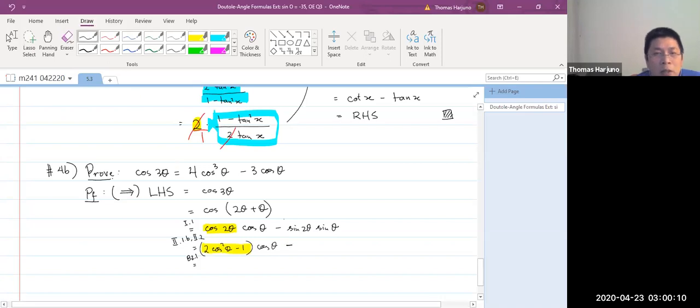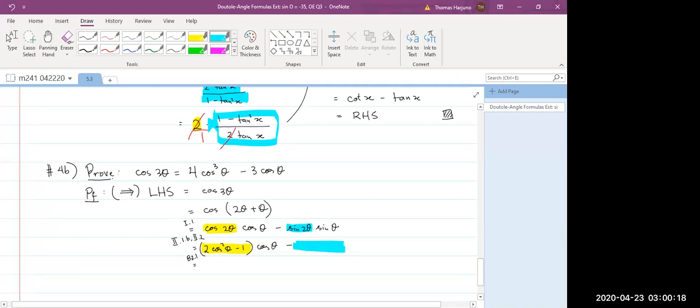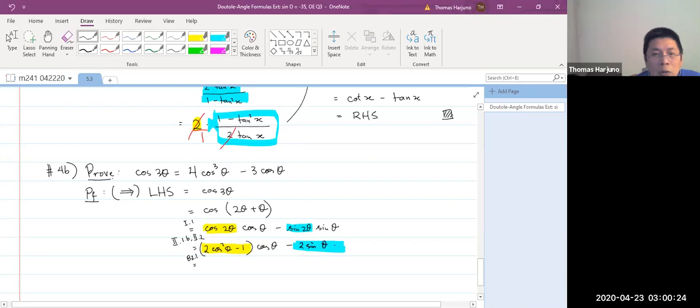Minus, what is the expansion of sine 2 theta? 2 sine theta cosine theta. Let me distribute first. I will get 2 cosine cube theta minus cosine theta minus 2 sine squared theta cosine theta.